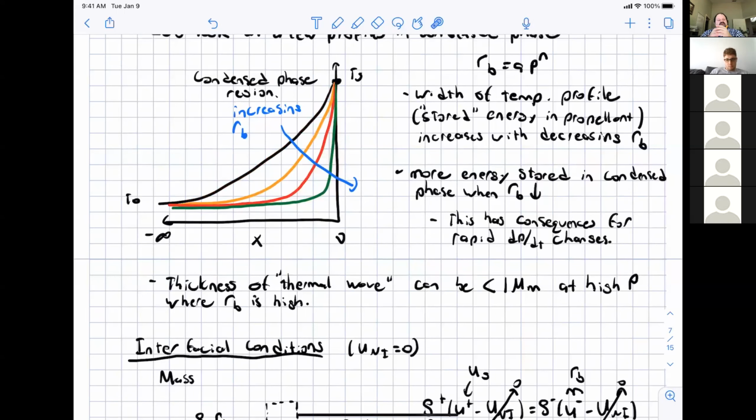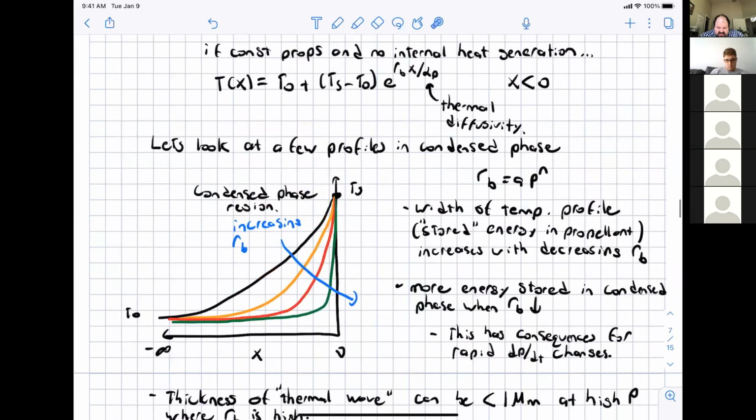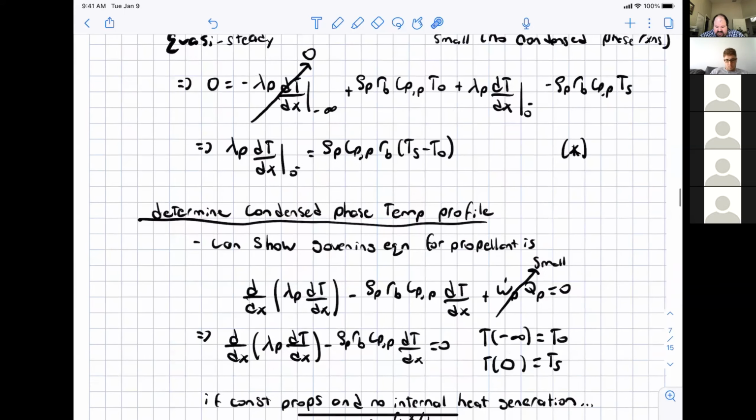So now we've basically worked on the condensed phase side. We have determined a relationship for the conduction heat flux on the condensed phase side of the interface in terms of the burning rate, the specific heat of the propellant, the density of the propellant, the surface temperature of the propellant, and our initial propellant temperature.